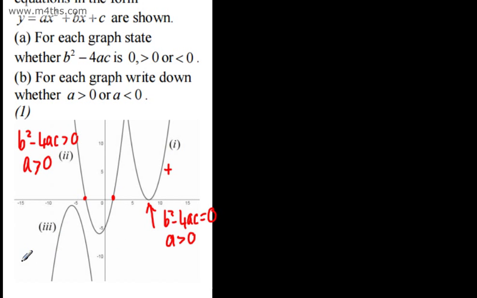Okay, this one doesn't now cross the x-axis. So no real roots. B squared minus 4ac is going to be less than 0. Also, the parabola opens downwards, so the value of a is going to be less than 0. So this is a negative quadratic equation with no real roots.